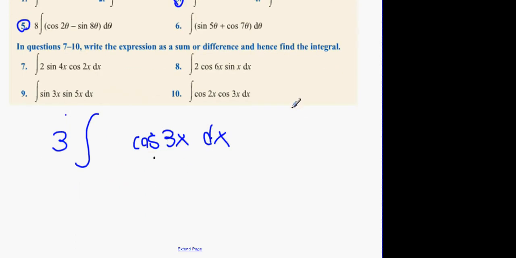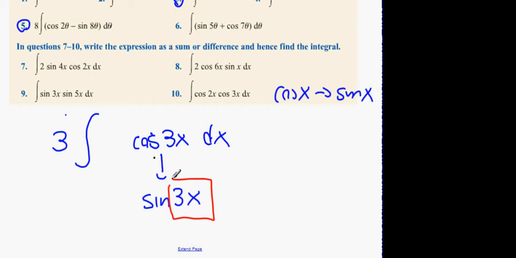I'm going to try this using what's in my tables only. What's in my tables is that cos x turns into sin x. So cos 3x will turn into sin 3x. But the problem is, when I differentiate it, I'm going to have to multiply by an extra 3. I need something to undo multiplying by 3. How do you undo multiplying by 3?